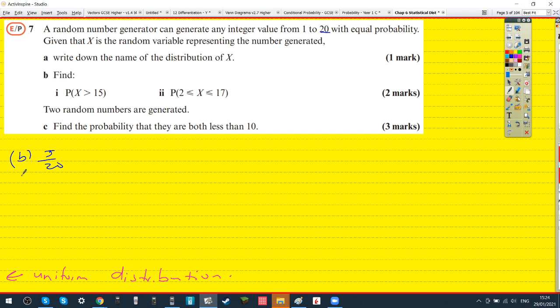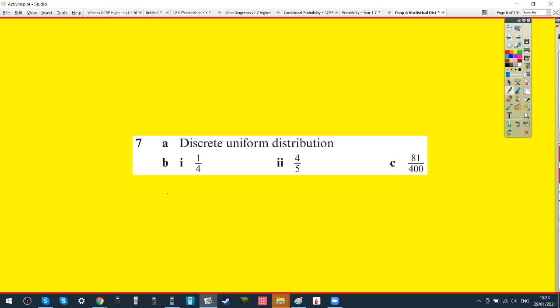I did a half times a half. That would be less than or equal to. This is just less than. Is it going to be 9/20 times 9/20? I believe so. 9/20 squared. Yeah, 9/20 squared, 81/400. That's fine.